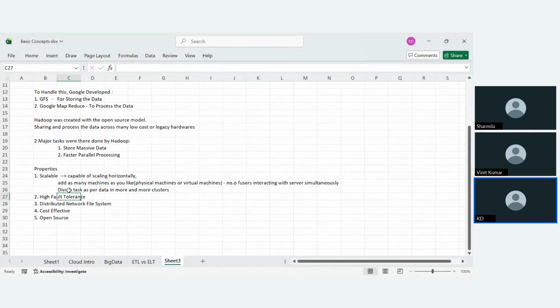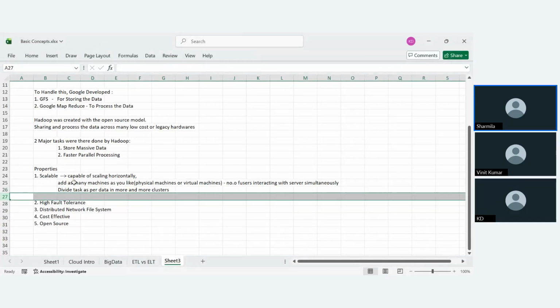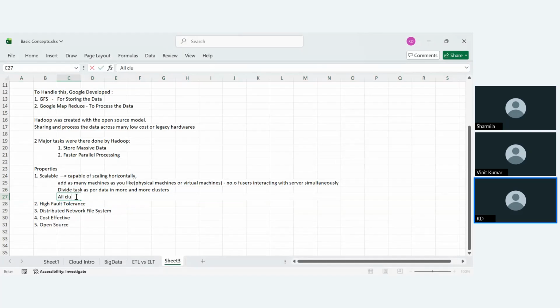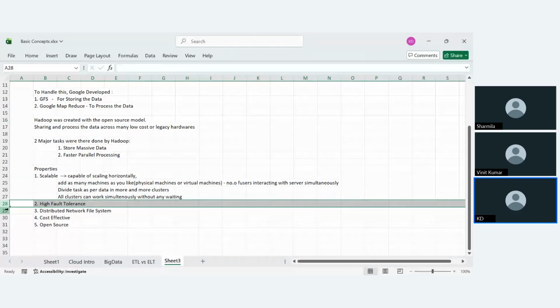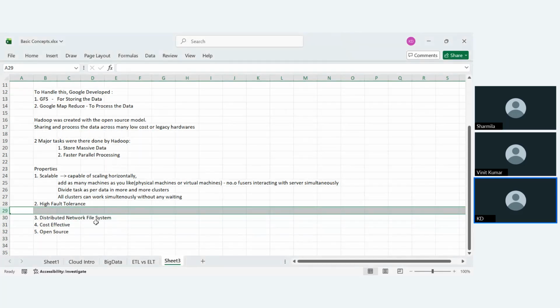As soon as the data increases, you can divide the new data into more and more clusters, and all clusters can work simultaneously without any waiting.